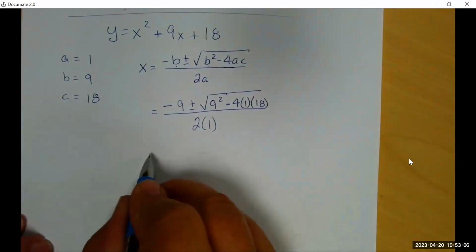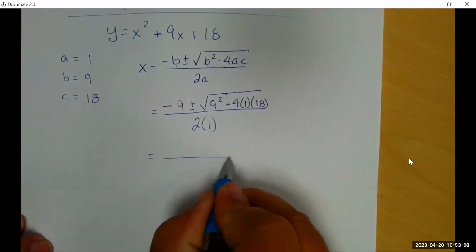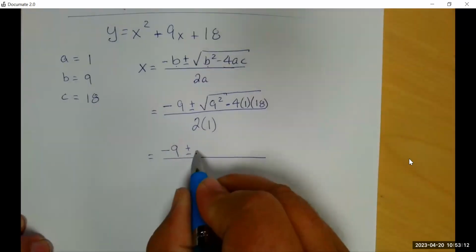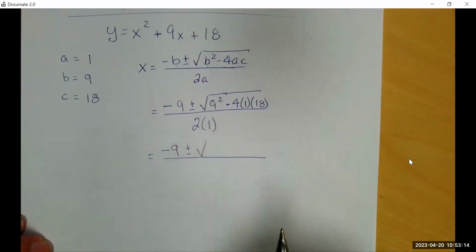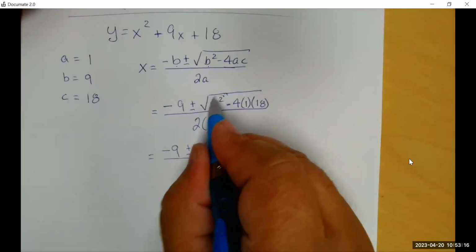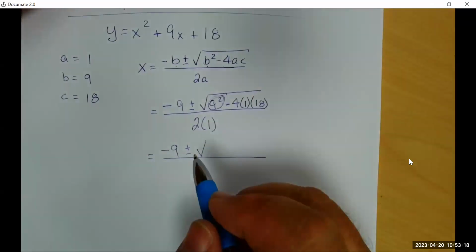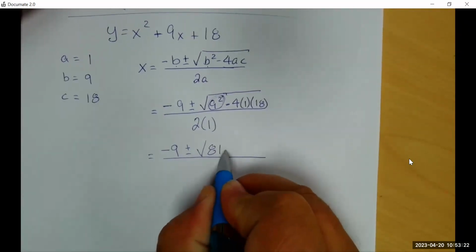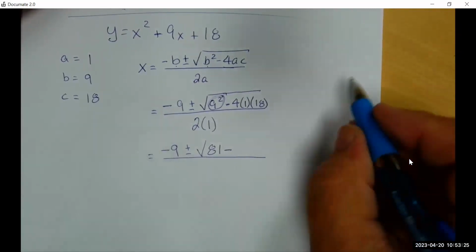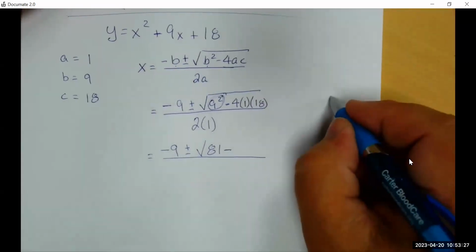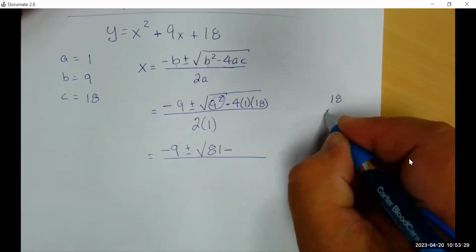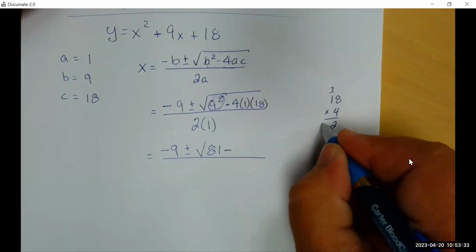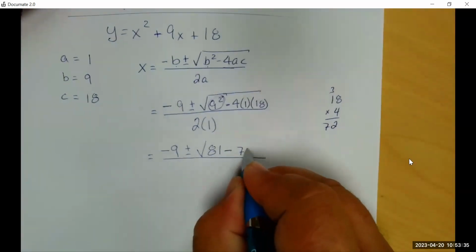Now solve it, order of operations. We have to do inside the radical first. What's 9 squared? 9 times 9 is 81. Minus 4 times 1 is 4, then 18 times 4 is 72.